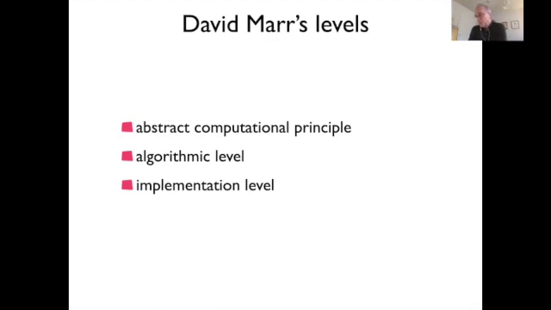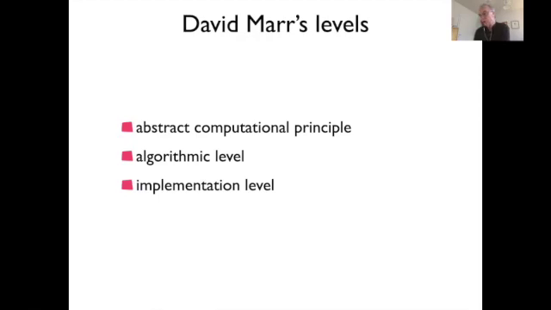And so he proposed 3 levels of analysis. An abstract computational level, where you look at principles that would be maybe closest to abstract laws. An algorithmic level that illustrates how the computational principle could be realized in principle and in a computational sense I'll talk about in a moment.